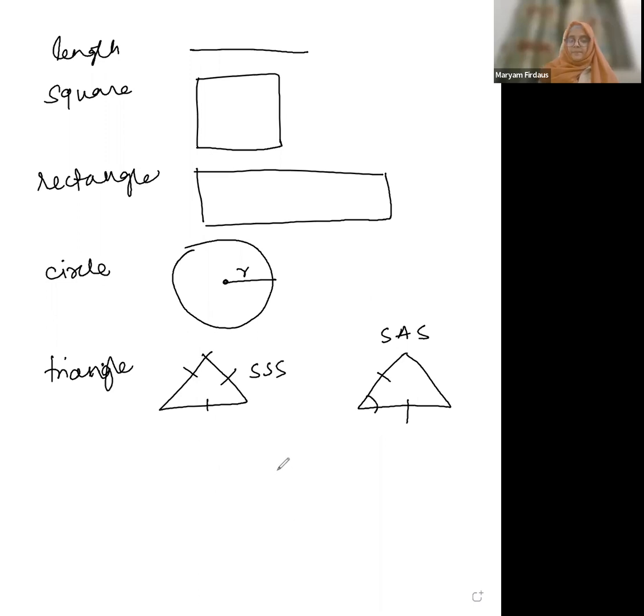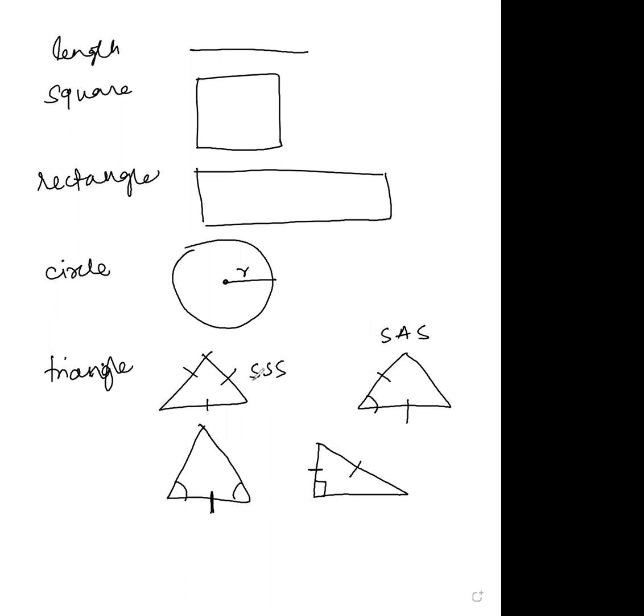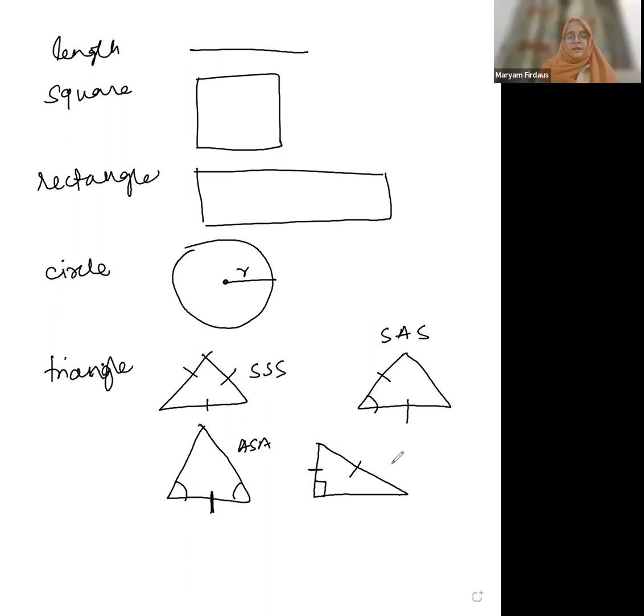Or you have ASA, that two angles are given to you and one side. Or you have RHS, that one right angle, one hypotenuse, and one side are given. So these four things are what we need in order to draw a triangle.